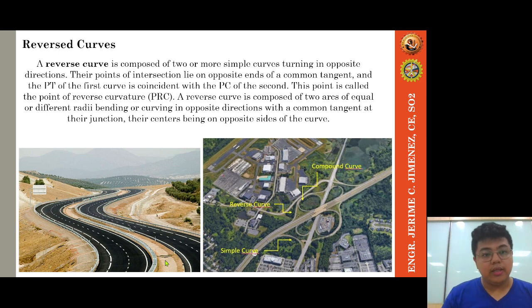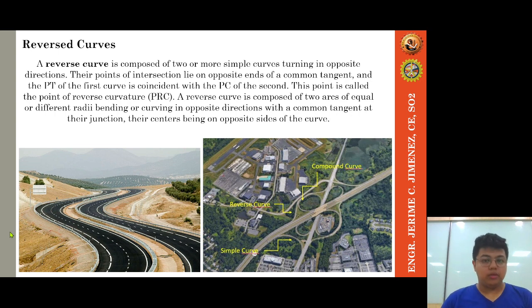Okay? First, let's define what is reverse curvature. So, a reverse curve is composed of two or more simple curves turning in opposite direction, just what I said a while ago. Their points of intersection lie on opposite ends of a common tangent and the PT of the first curvature is coincident with the PC of the second curvature.